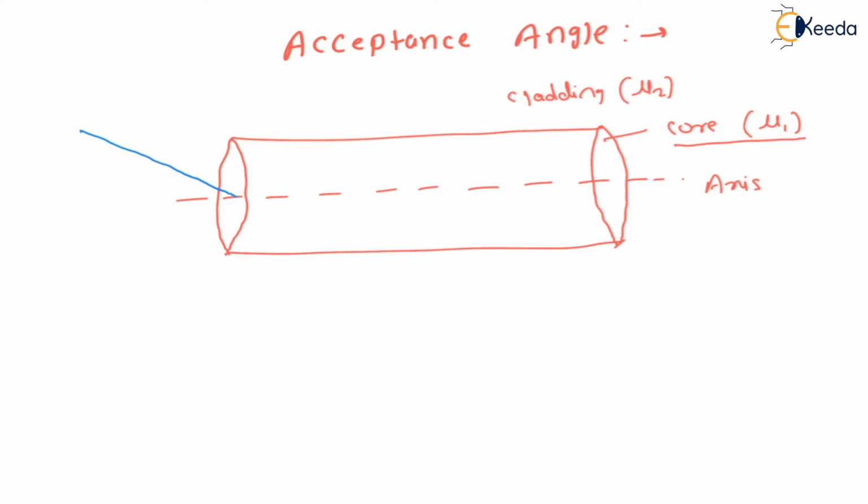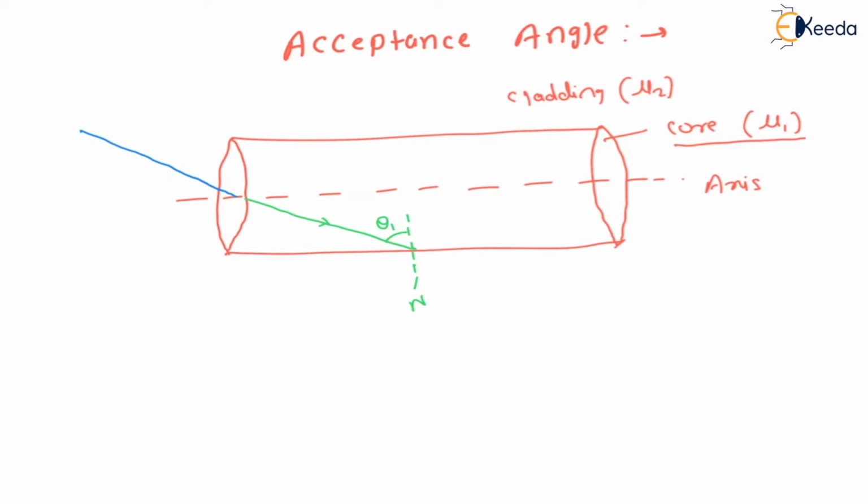So let it be like this. This one is the refracted one. Here we can draw one normal. Suppose this is n, and let this angle of incidence be theta 1.